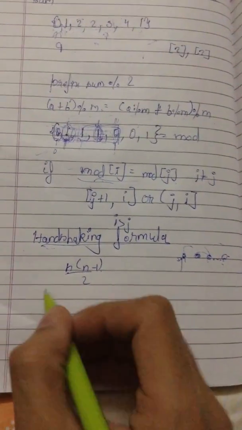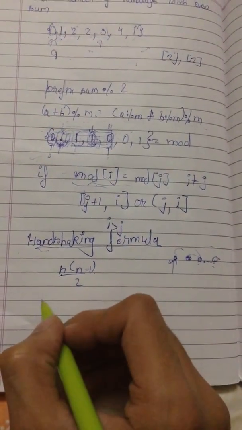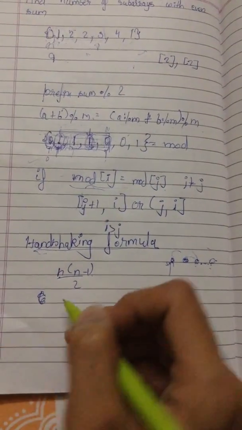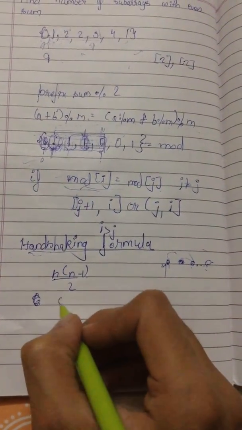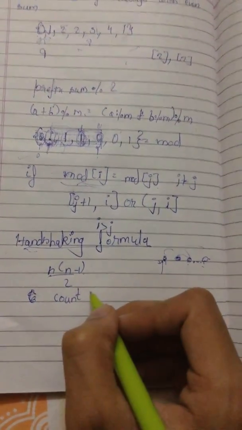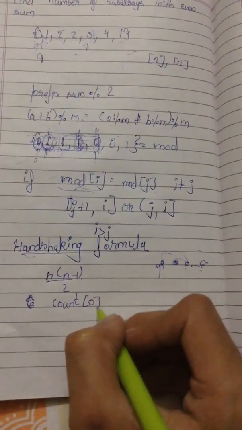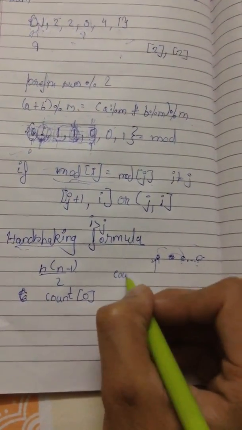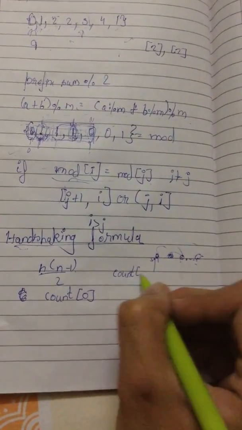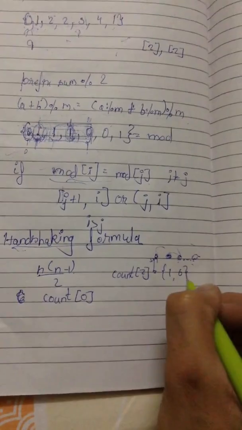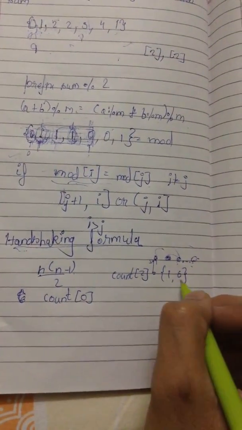So let's say we have an array, count, with an array size of 2, which we initialize with 1 and 0.